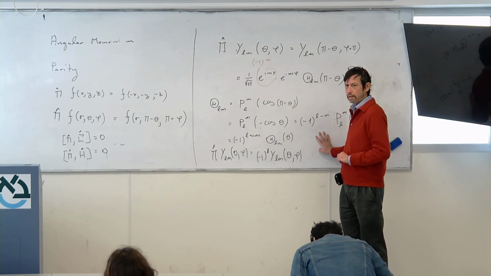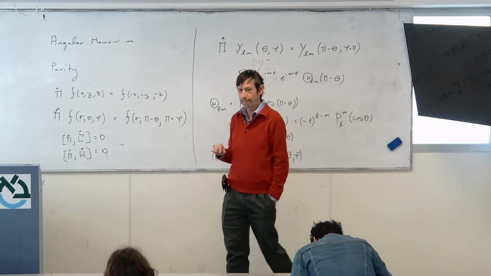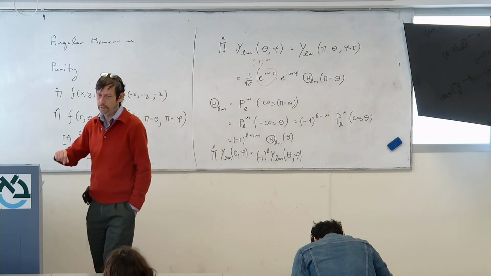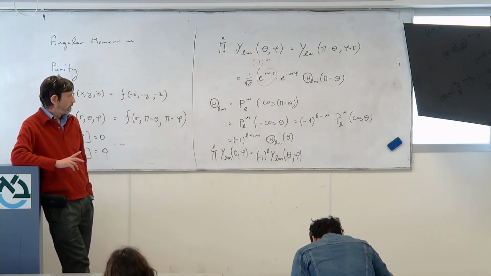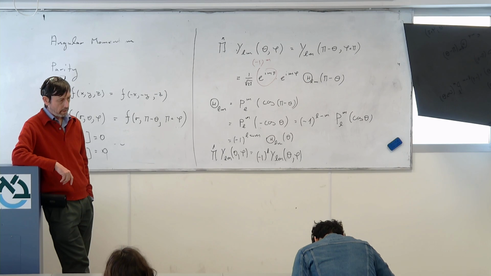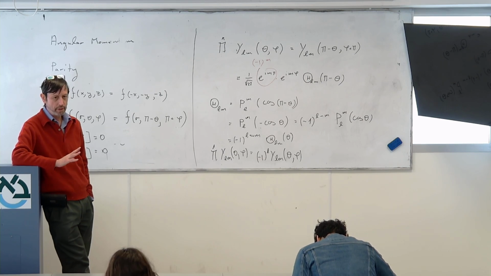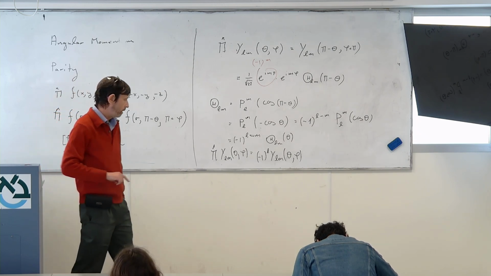We will have now a temporary stop on angular momentum. We haven't concluded everything that we want to know about angular momentum. We have concluded everything we need in order to solve the hydrogen atom, because now we have the solution for theta and phi.